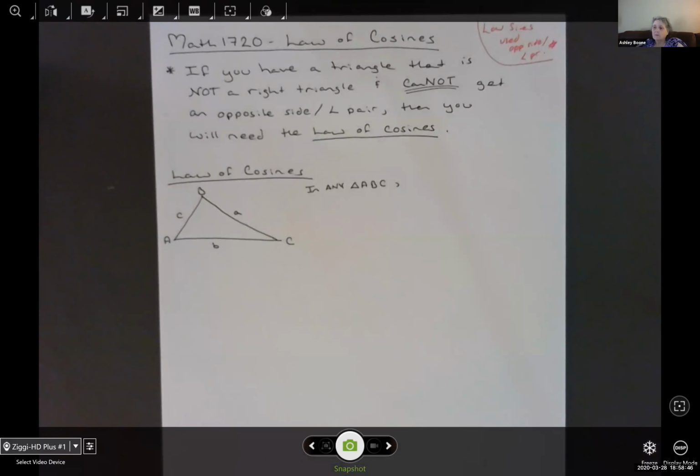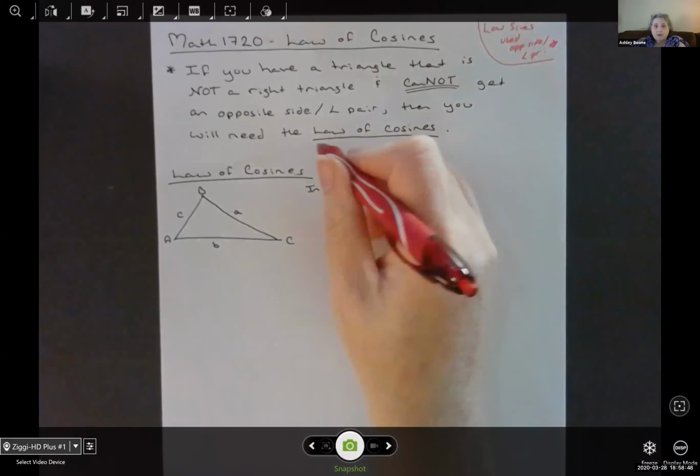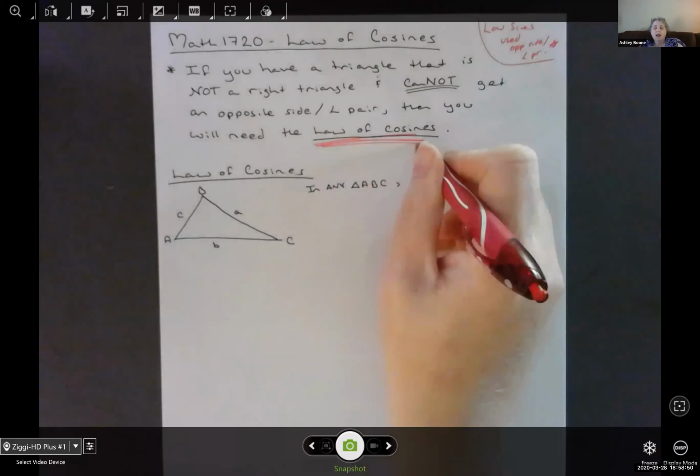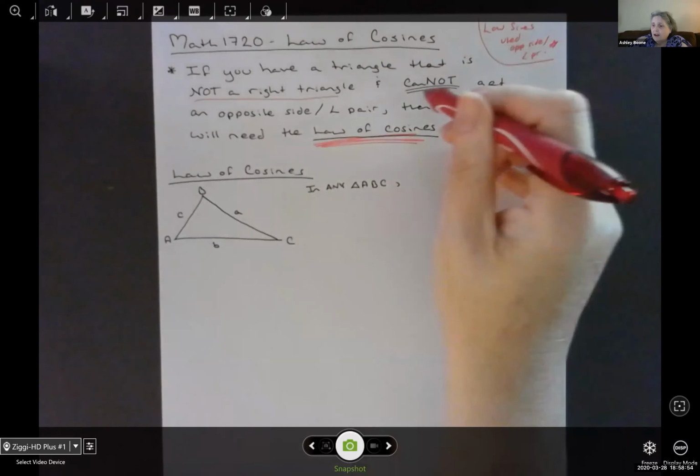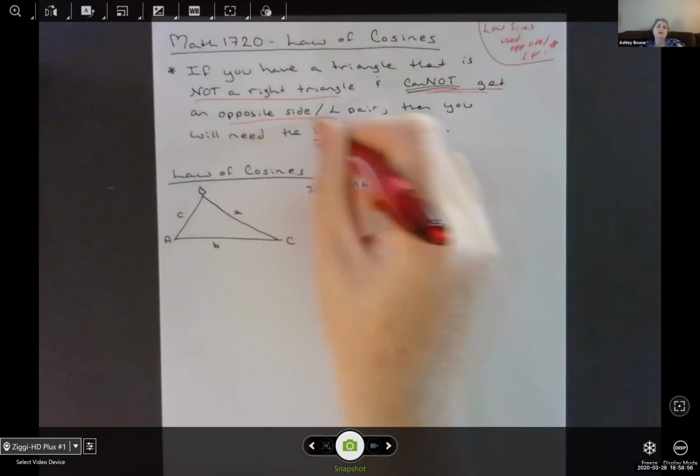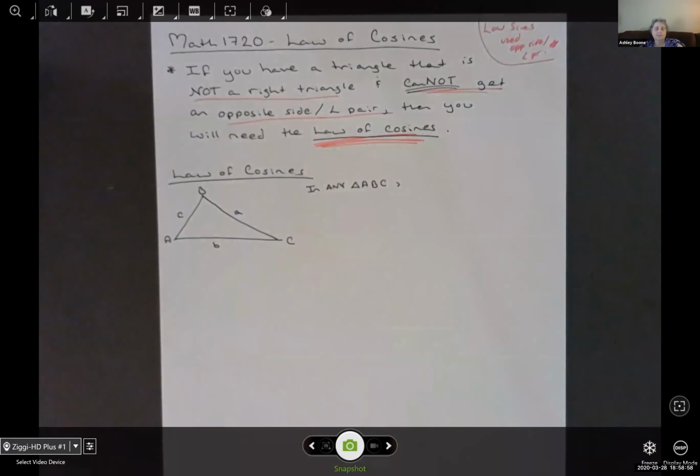So in this case, what we're going to need is the law of cosines. We do not have a right triangle, and we cannot get an opposite angle side pair easily.